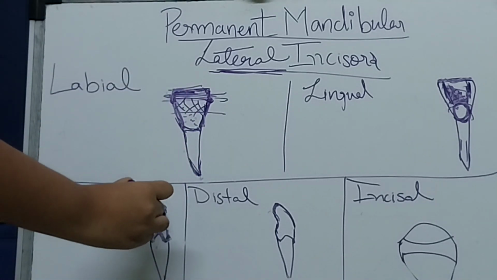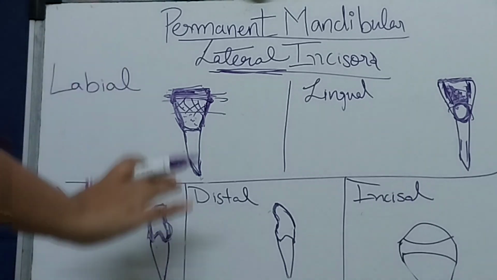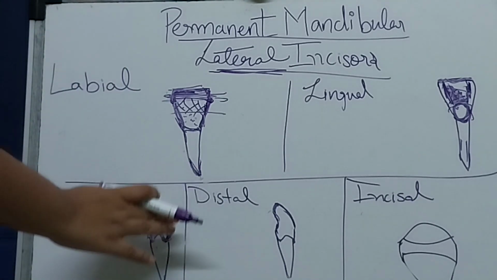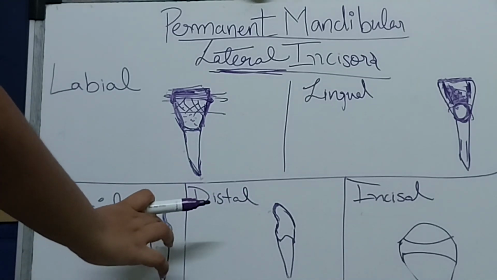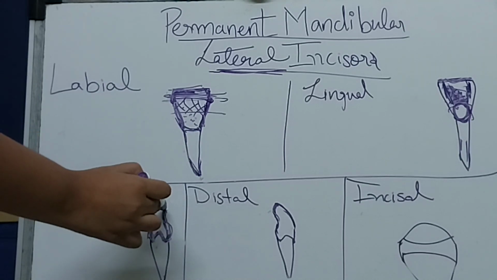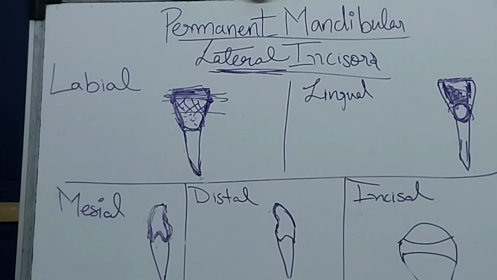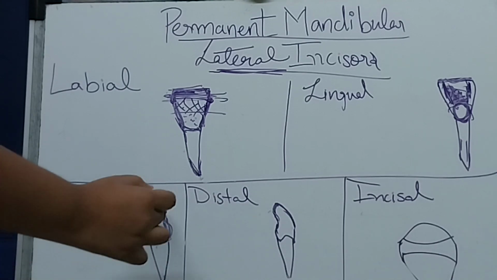In the lingual outline, the lingual outline is straight and inclined labially just above the convexity of the cingulum, over here somewhere. And the incisal ridge is straight and gradually sloping downwards in the distal direction.